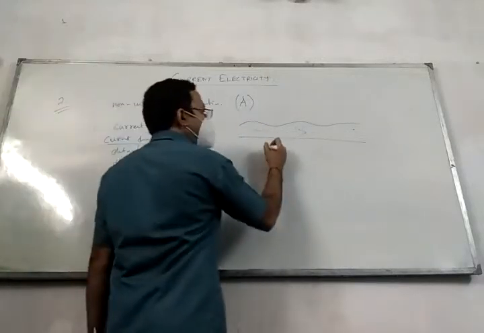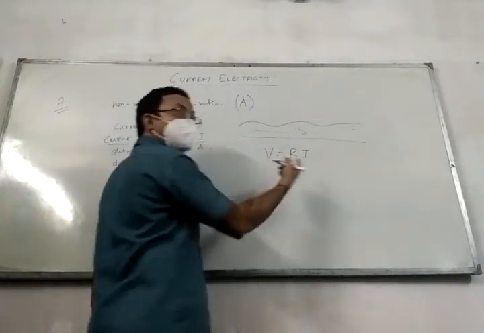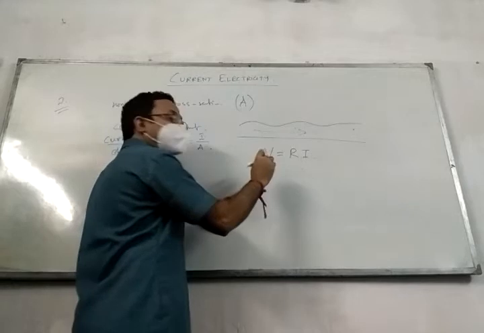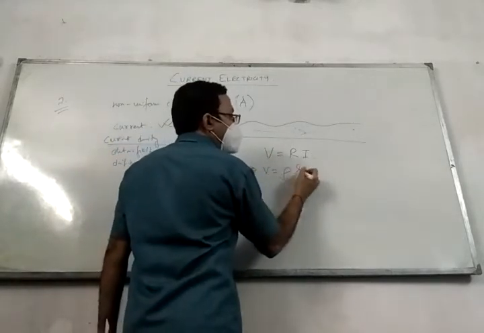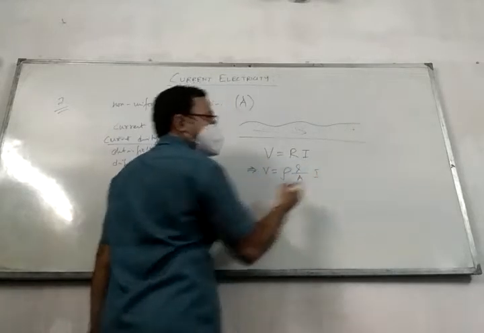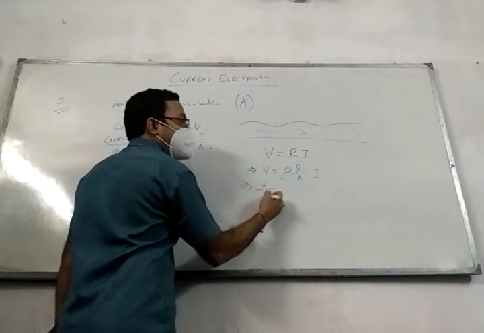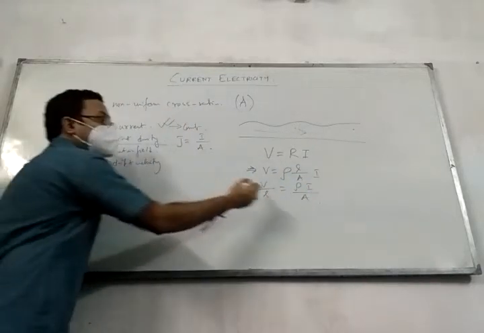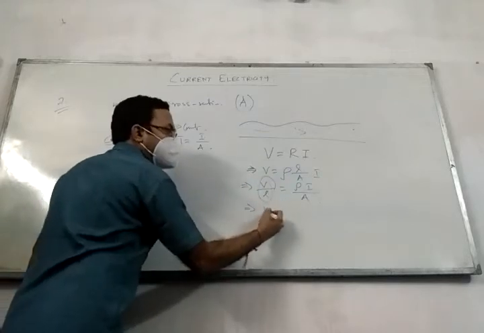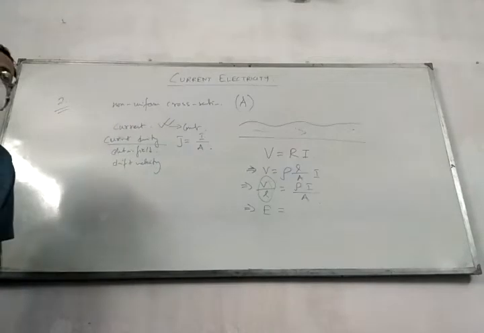Very simple. Look, V is equal to R into I. Did I forget? R is rho L by A, right? Then V by L equals rho I by A. What is V by L? E equal to dV by dr. Potential difference by length is the electric field.